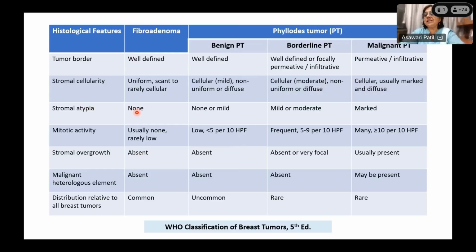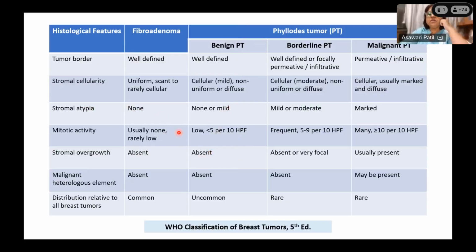Of course, if I see one small core with 10 mitosis, I'm definitely going to call it malignant phyllodes. But if I see hardly 3, 4, 5, I may not be able to say it is benign, but I'll put it in the category of borderline. You know, less than 5 is always benign.